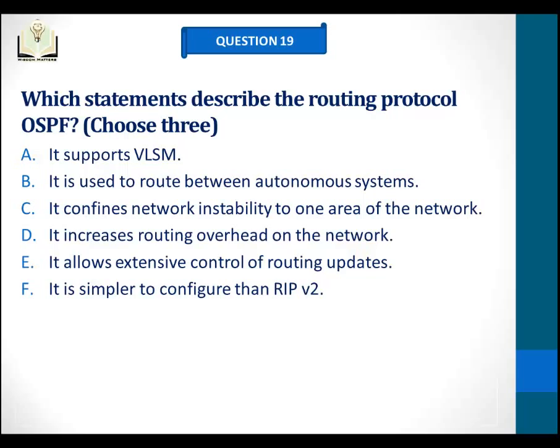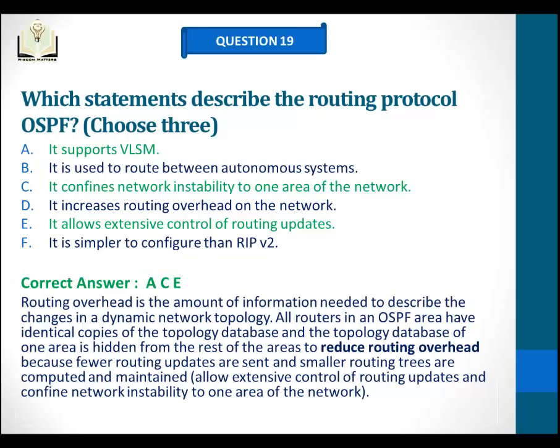It increases routing overhead on the network. It allows extensive control of routing updates. It is simpler to configure than RIP2. And the answer is A, it supports VLSM, C, it confines network instability to one area of the network, and E, it allows extensive control of routing updates.